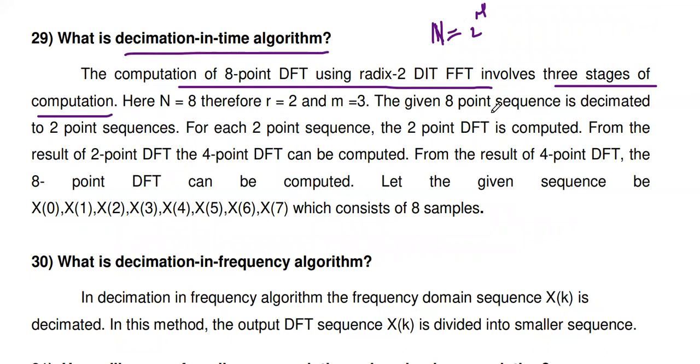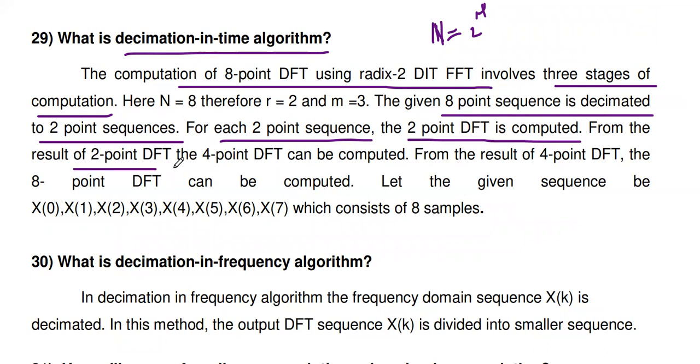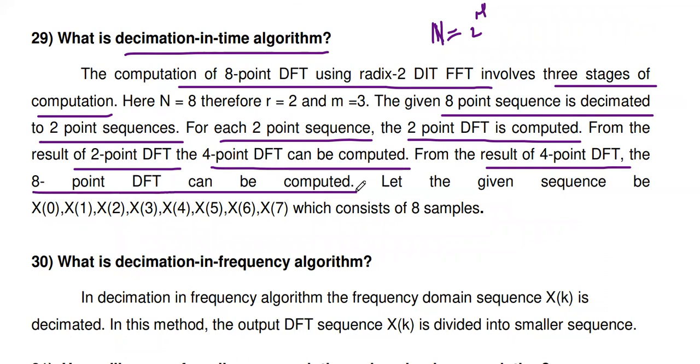For that, the given 8-point sequence is decimated to 2-point sequences. For each 2-point sequence, we calculate the 2-point DFT. Then from the results of the 2-point DFTs, the 4-point DFT can be computed, and from the results of the 4-point DFTs, the 8-point DFT can be computed.